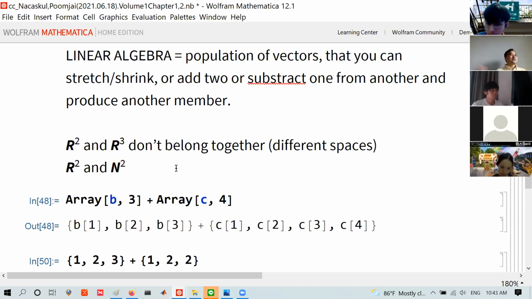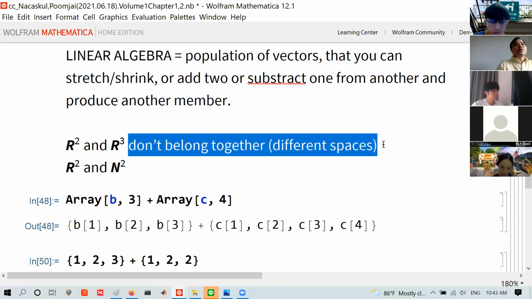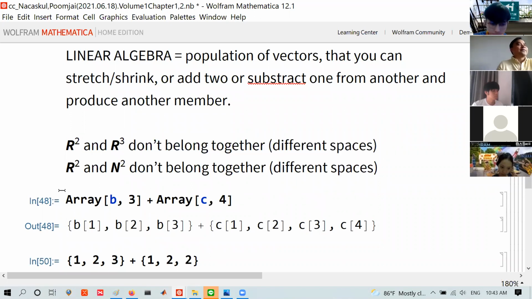You can think, you were saying that it's not just the size of the genome, but it's also the chemistry. Exactly. R2 and N2 also do not belong together. What's R? R is the real number line. N is the natural numbers, so it doesn't include 1.5. It's counting.